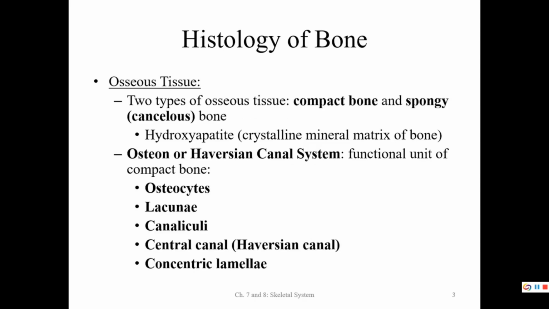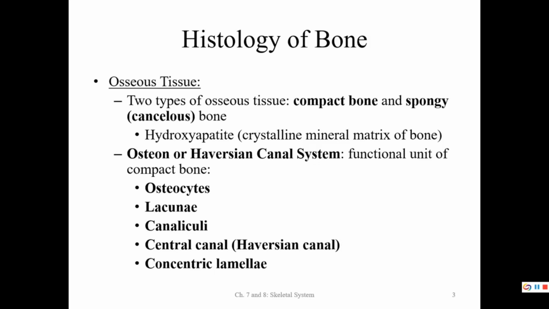Okay. Now, one of the things I want to remind you, there are 2 types of osseous tissue: compact bone and spongy bone. What makes bone itself hard is a material in it called hydroxyapatite. That's the crystalline mineral matrix of bone. Remember, connective tissues have a matrix. And there's the osteon, sometimes called the Haversian canal system.